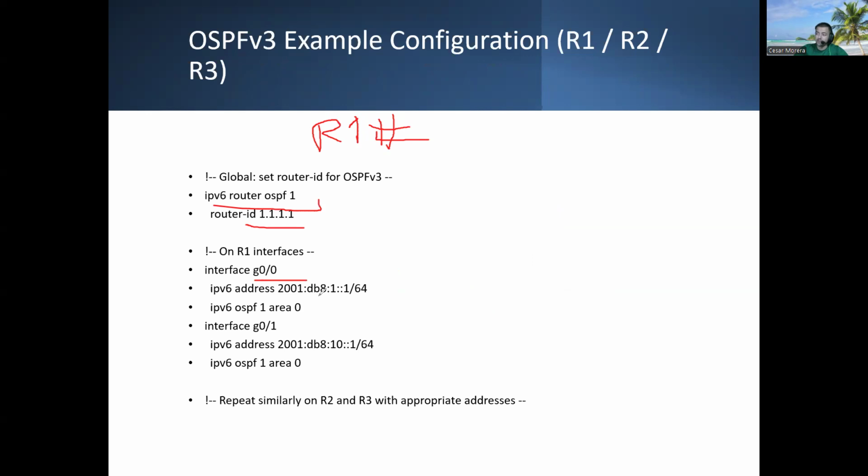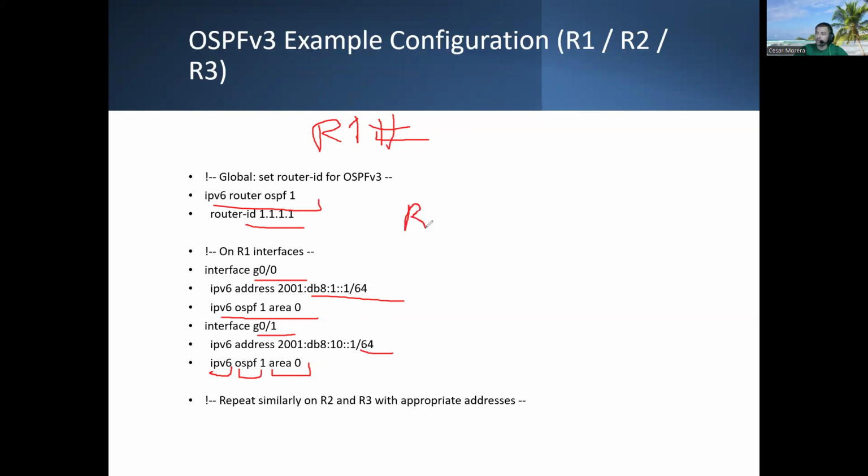Then interface, IPv6 address, ipv6 ospf 1 area 0, interface gigabit 0/1, IPv6 address here once again, and ipv6 ospf 1 area 0. Both are in area 0 for these specific interfaces, and we already configured the ipv6 router ospf 1 and the router ID for that specific router.